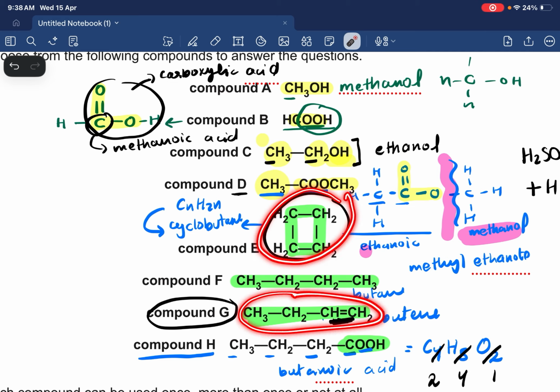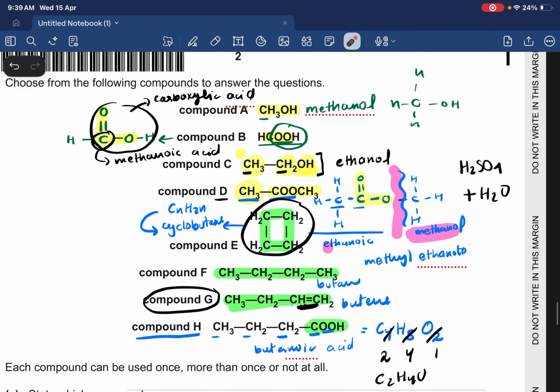They're two different things, but they have the same molecular formula, which is C4H8. Count the number of atoms, carbon atoms: 1, 2, 3, 4. Hydrogen is 1, 2, 3, 4, 5, 6, 7, 8. Over here as well, it's C4H8. But they have different structures. I told you cycloalkanes and alkenes are structural isomers of each other.